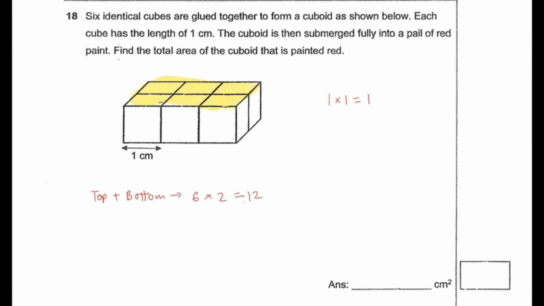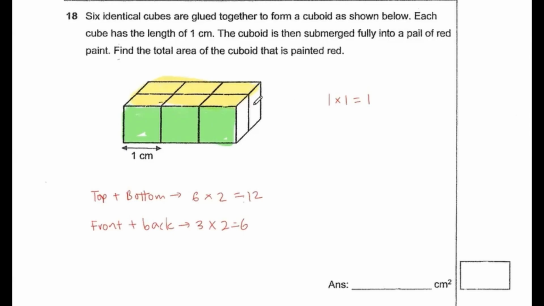Now front and back is here. Let's take this as the front. The front is 3. So front and back is 3 times 2. Next, we have the sides, 2 sides.